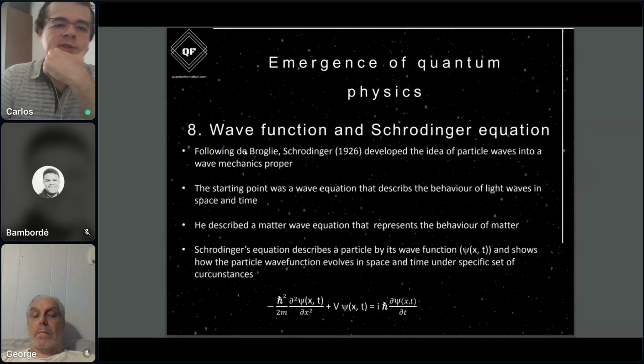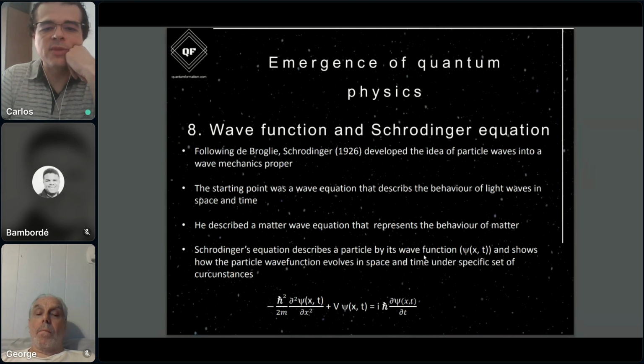Following previous ideas like de Broglie's idea, Schrödinger developed the idea of particle waves into wave mechanics. His starting point was the wave equation that describes the behavior of light waves in space and time, and he described a matter wave equation that represents the behavior of matter.